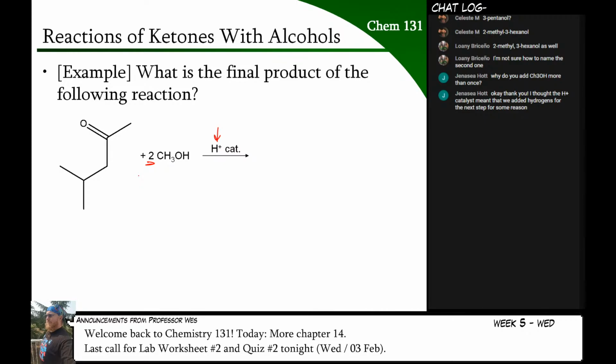And then take that product and do the second addition and write down the next product. Okay? So try that and let me know what you get as a result by telling me that you're done with the reaction in the chat or something. Yeah, I guess you can't really tell me because I don't know how you're going to communicate this molecule to me. But we'll go over the answers together in just a moment.